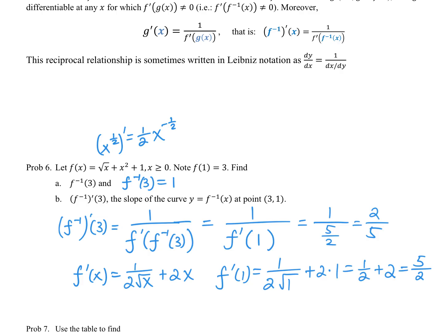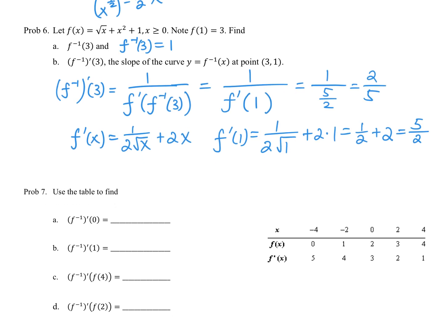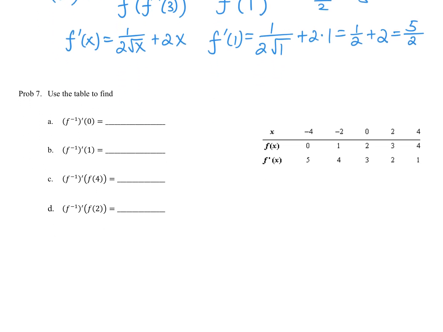All right, so that's the example. We use the rule directly, and then we find the derivative of f, and then use it to find the derivative of the inverse.